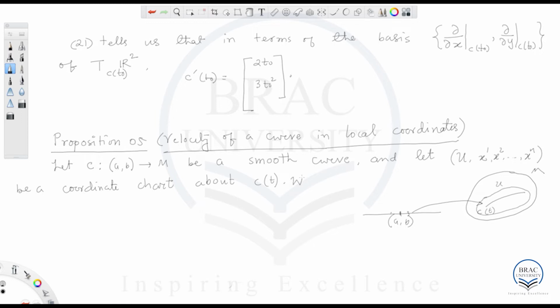Now write the n components of this curve C of t in the following way. Ci is equal to xi composed with c. So what are these functions ci? Each ci is a function from a comma b to R, right?